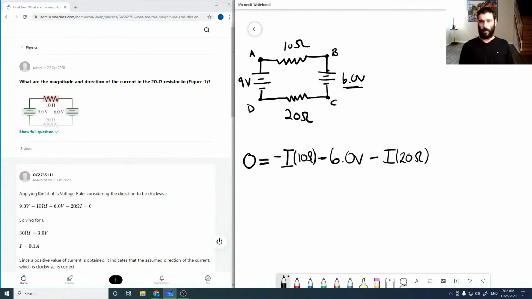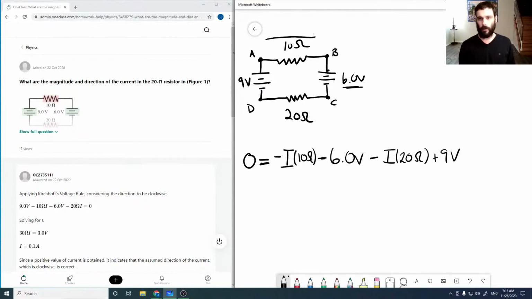And then going from D to A, since we're going from negative to positive, is plus 9 volts. I should have said that when you go over a resistor, it's minus IR as long as the current is flowing in the direction that we're going.